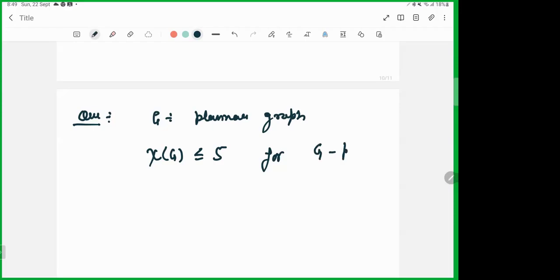G is a planar graph. So try to use that G has a vertex of degree at most 5, which I proved. How will you proceed?